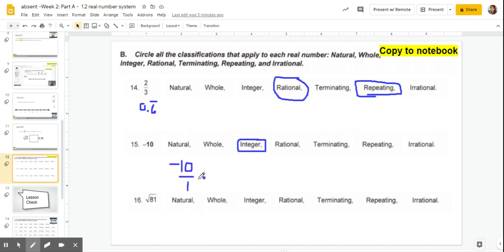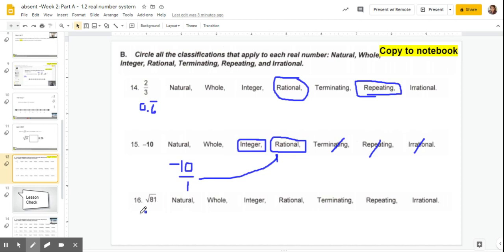So since I can write it as a fraction, it's also a rational number. If you choose any of the first 3 options, they're automatically going to include everything behind it. It's not a terminating number or a repeating number because we're not talking about decimals, and it's not an irrational number, but it is an integer and it is rational.